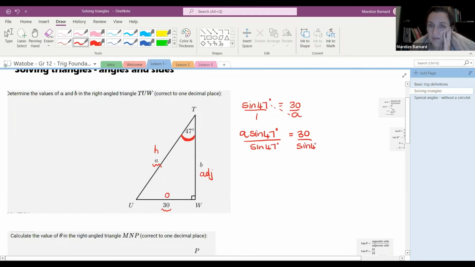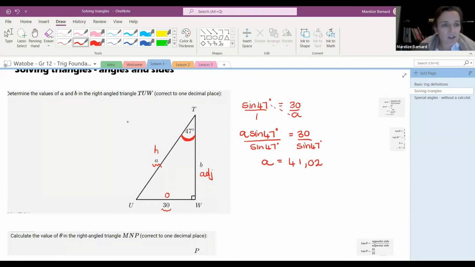So that's why we divide by it, to get our A by itself, just like a normal equation. Right, so 30 divided by sine 47. I get 41,02. Yeah, 41,02. Thanks, Solomon. I see you got that.